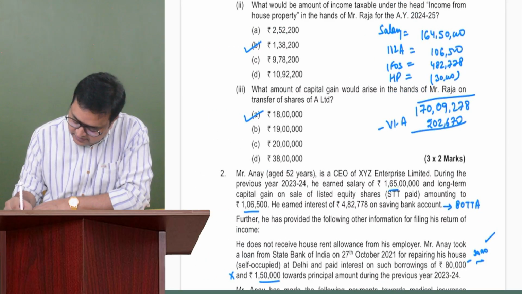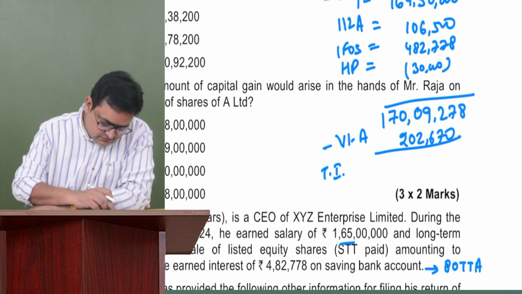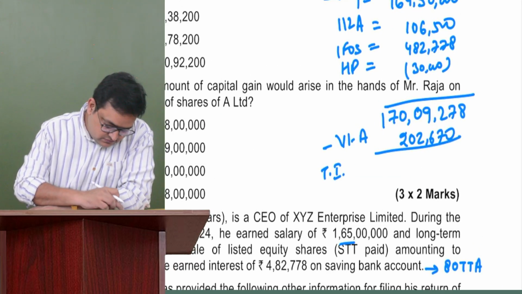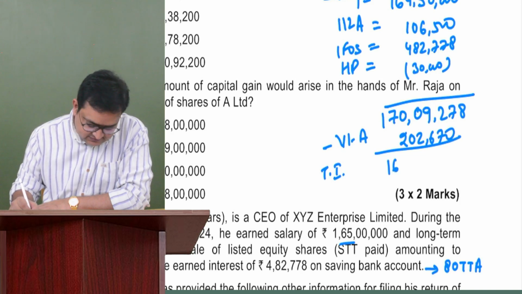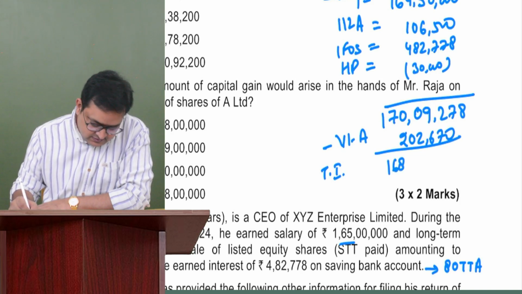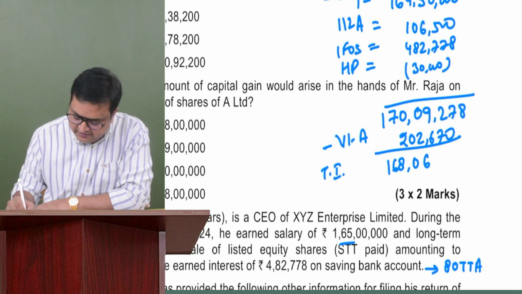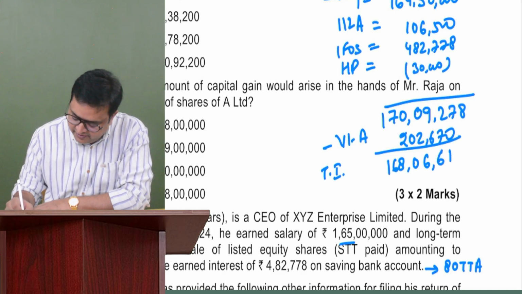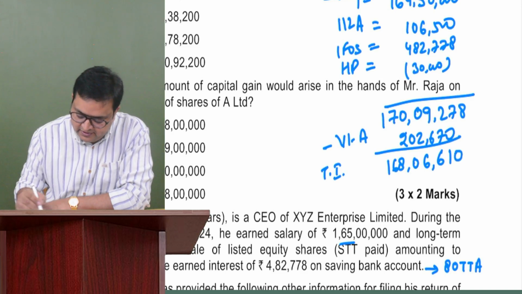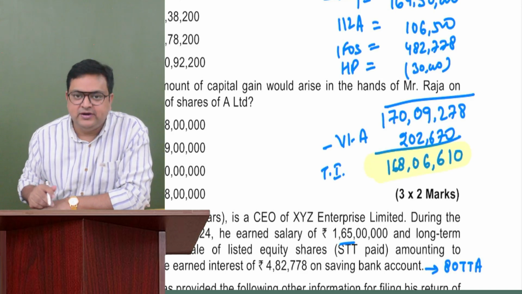Total income is coming as 168,06,608. I'm rounding it off to 610. On this amount, we have to compute the tax.